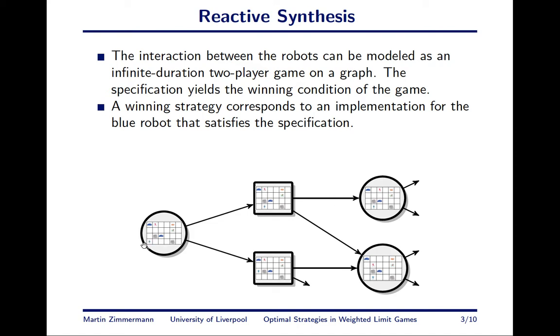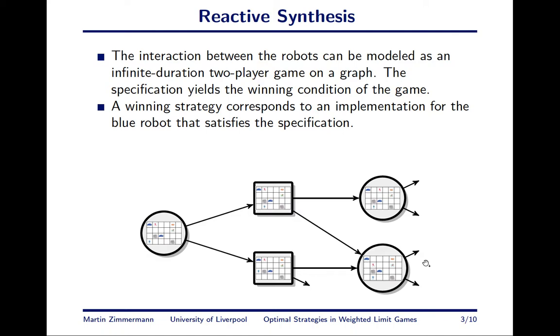At this initial vertex, the agent, the blue robot, can either go right or up. So we have exactly two successor states. Then it's a move of the environment, which can move the red robot either to the right or down, and so on. The full graph is much bigger, so I can't draw it on the slides here.